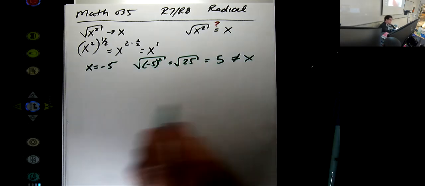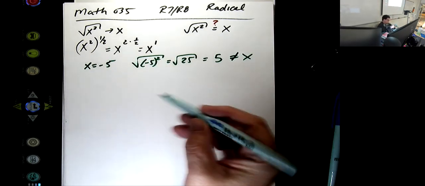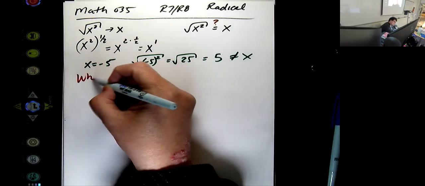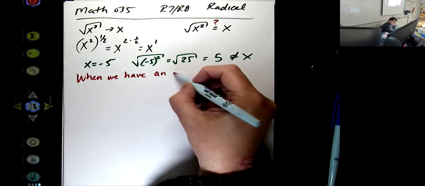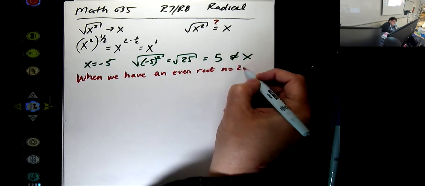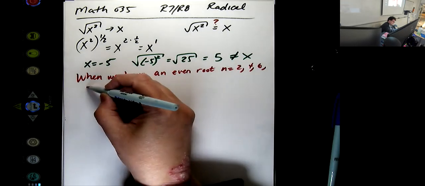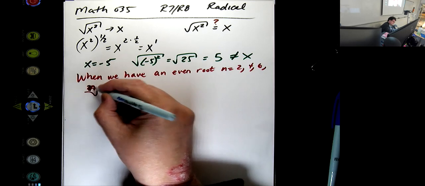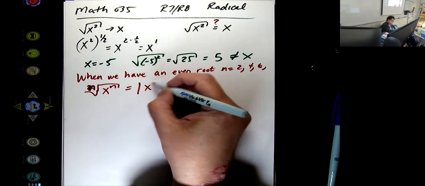This happens when the n on the root is an even root. When we have an even root, like n equals 2, 4, 6, the square root of x to the n is actually just the absolute value of x, is how we say it.